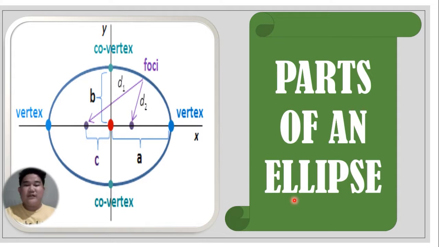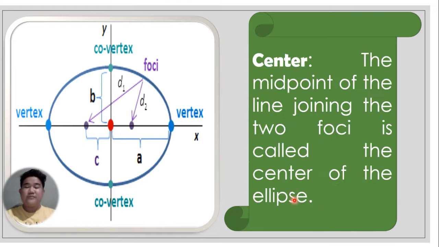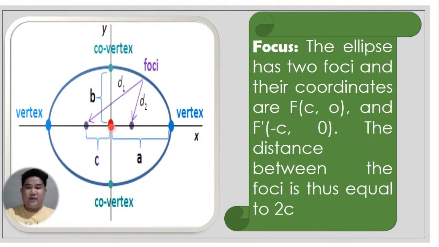Okay. So what are the parts of an ellipse? We have the center. It is the midpoint of the line joining the two foci, called the center of the ellipse. So here is our center. We have the focus, like what I said, in parabola we have a focus, in ellipse we have foci.